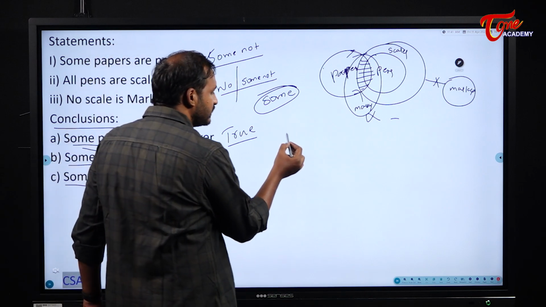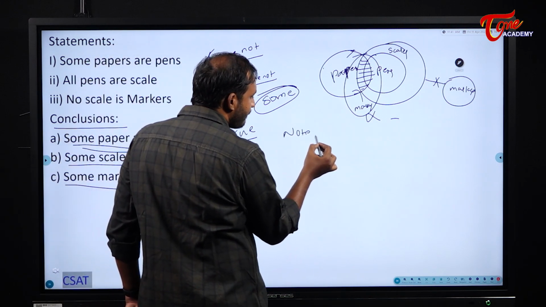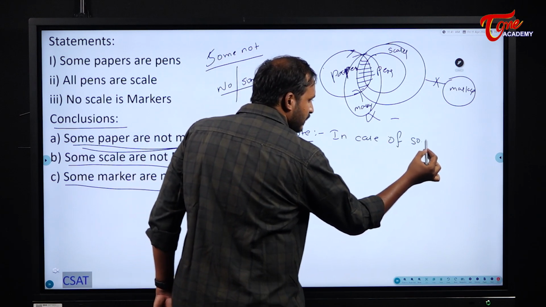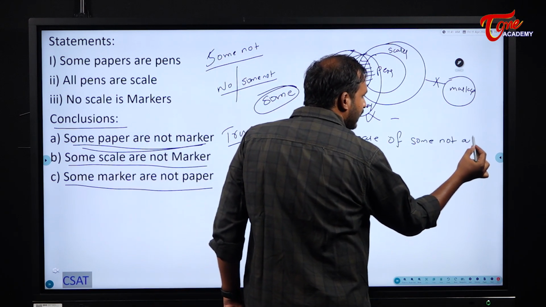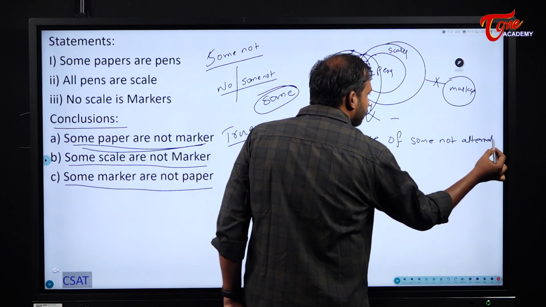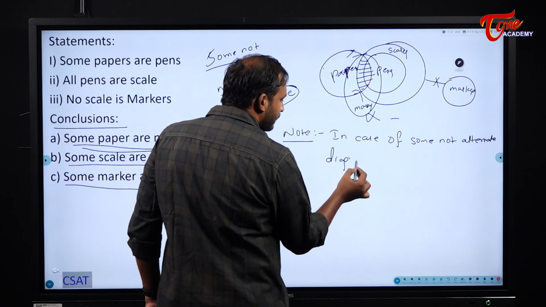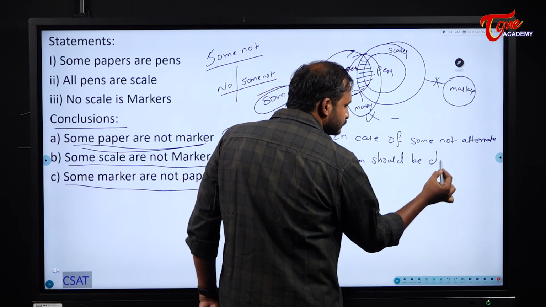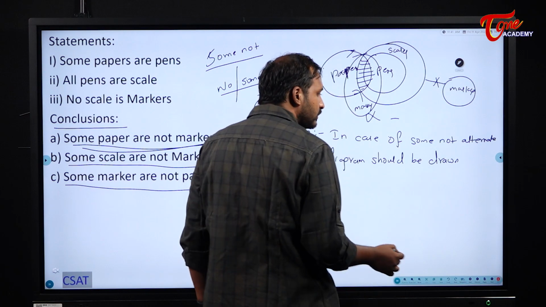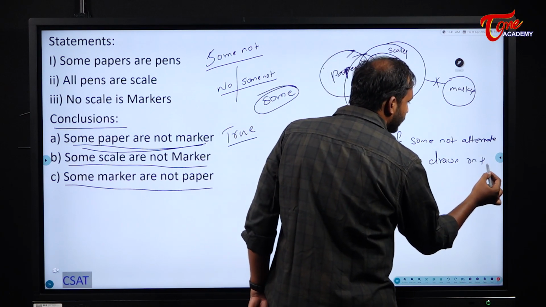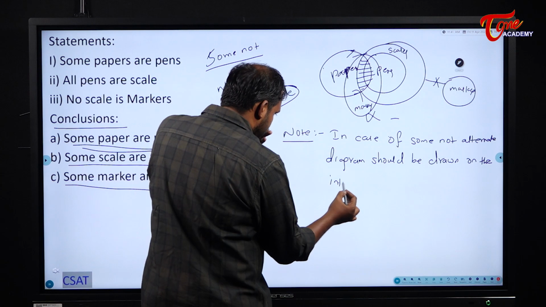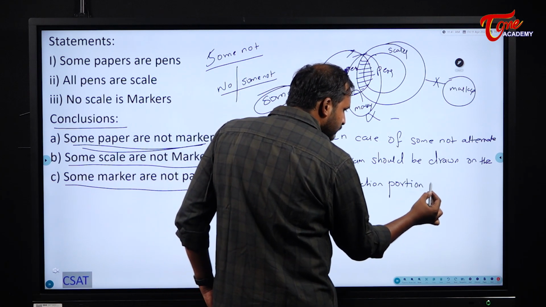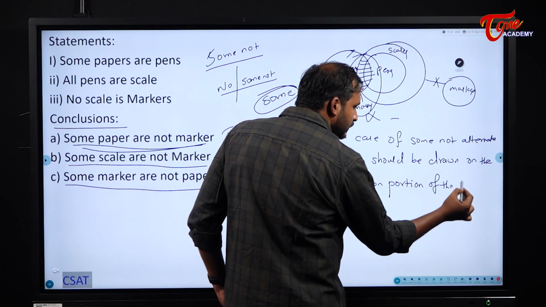Okay, write a note: in case of some not, alternate diagram should be drawn on the intersection portion of the element.